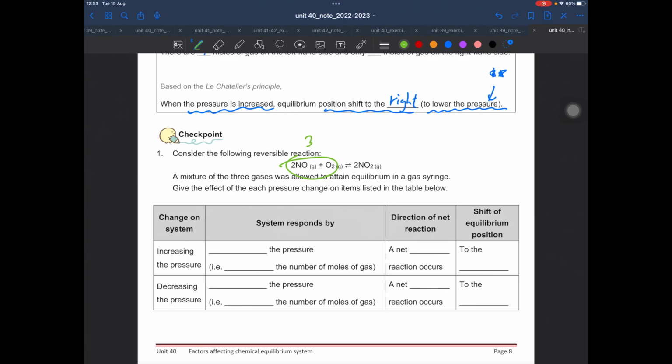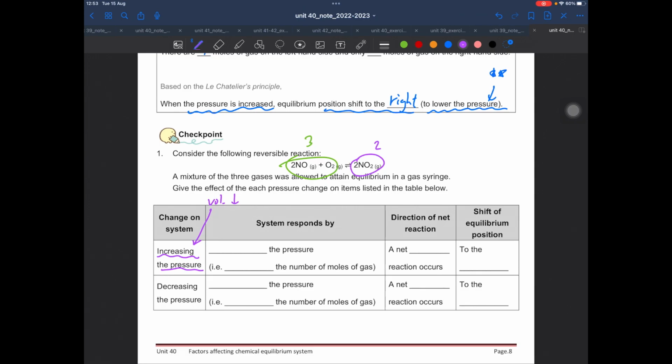Okay? Alright, so let's finish the chat point. First of all, 3 moles versus 2 moles of gaseous particles. When you increase the pressure, the room becomes smaller. Increasing the pressure means volume decreases, right?